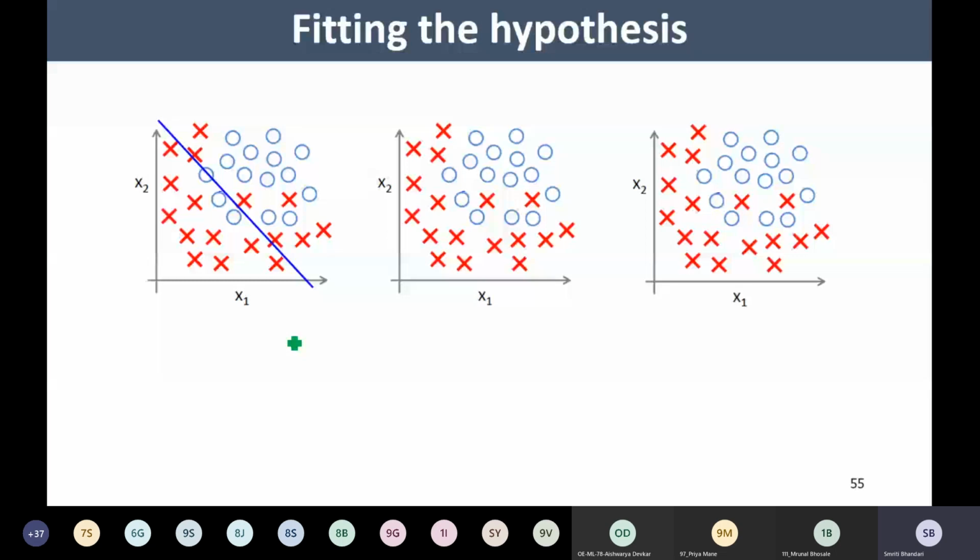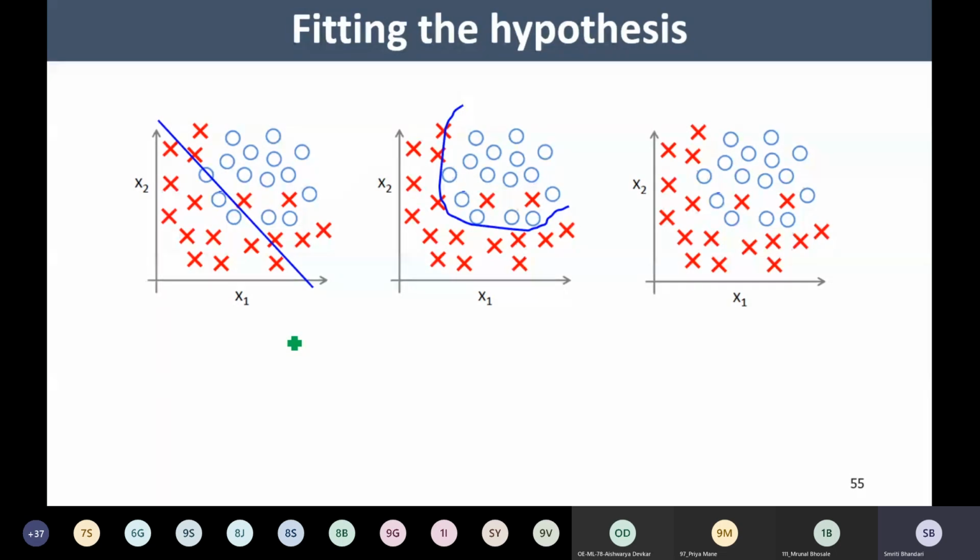If I draw this kind of a line, it is possible for me to distinguish this data to some extent. So this is one of the hypotheses that I may have. It is also possible to come up with such a function, and this function also enables me to distinguish the samples that belong to two different classes.